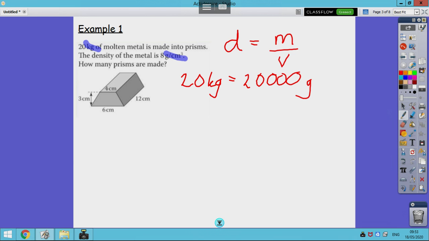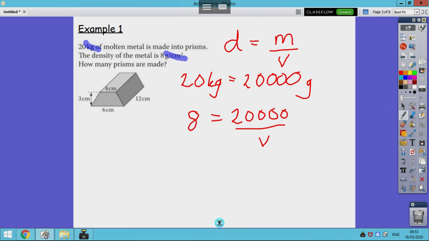grams. Now we can substitute that all into the equation to find our volume. So 8 is going to be 20,000 divided by the volume.